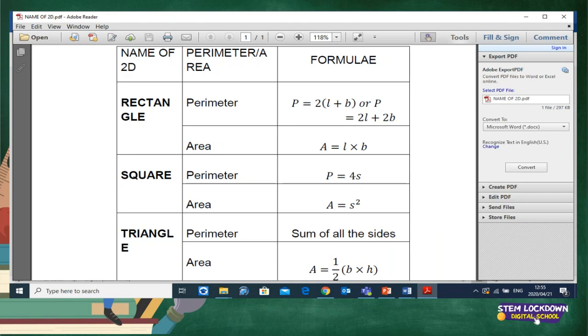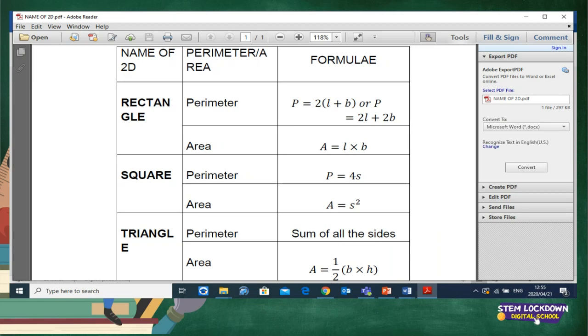And coming back to the triangle, you can see that the perimeter of the triangle differs from that of the square as well as that of the rectangle, because the sides will not always be identical.